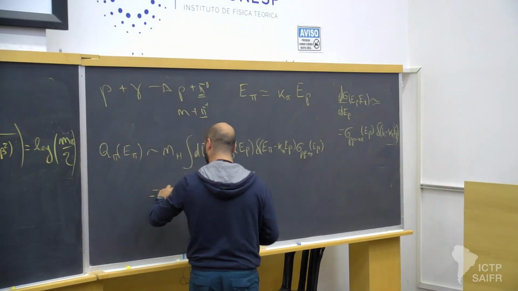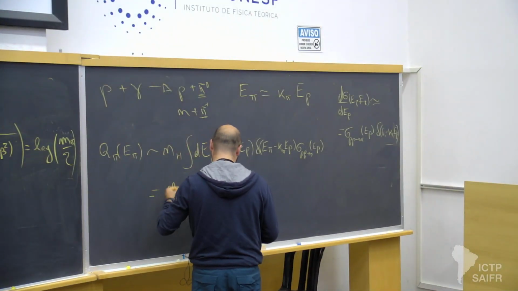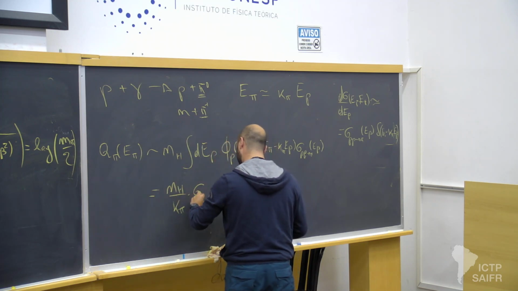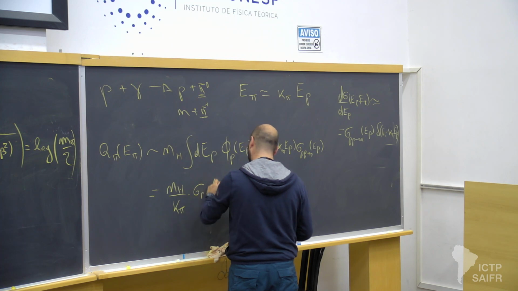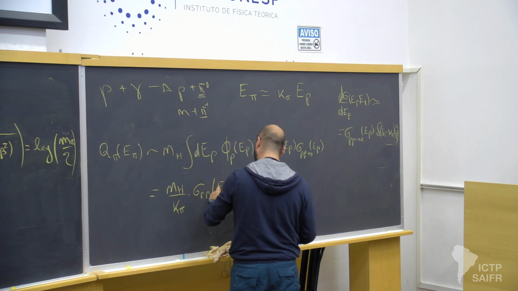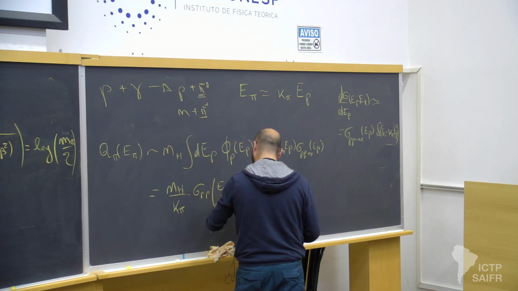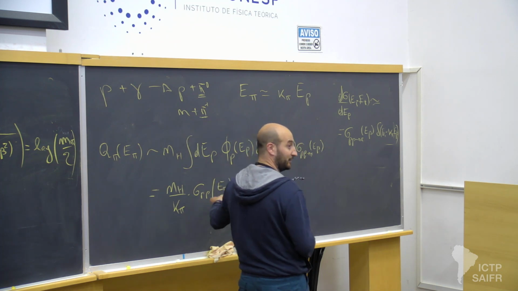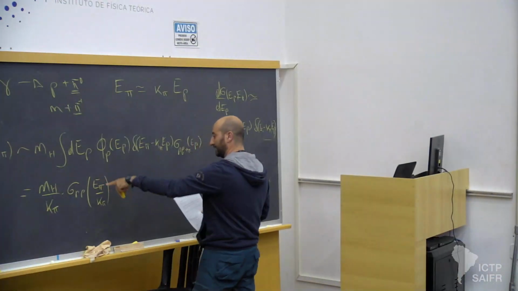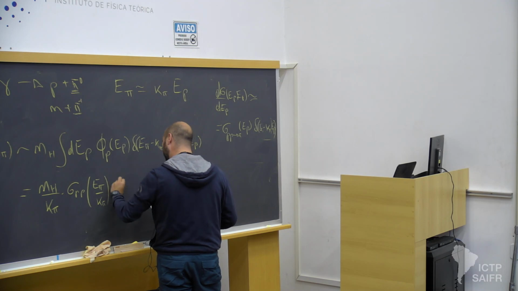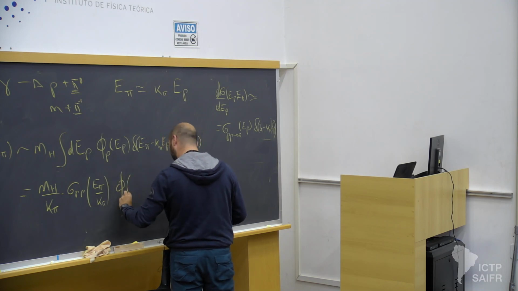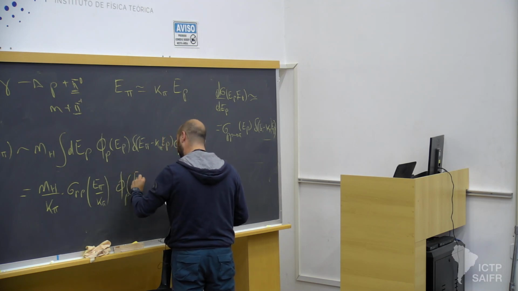Then you can integrate this, and you get the density over the inelasticity, times the cross-section PP evaluated at an energy which is E pion over the inelasticity. This is roughly 20% or so. So this is a larger energy than the energy of the pion, times the flux of protons at E pion over kappa pion.